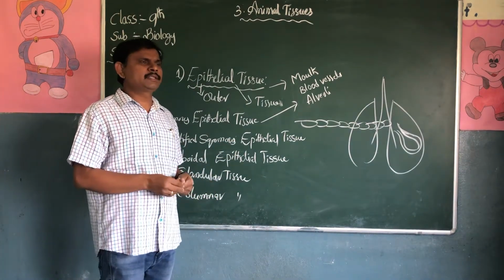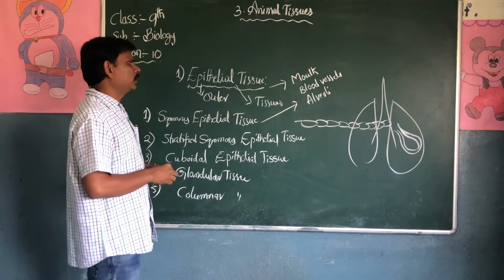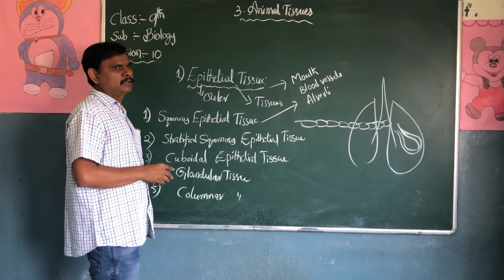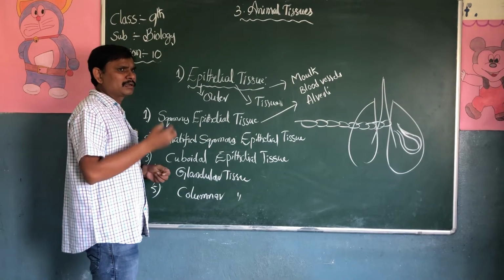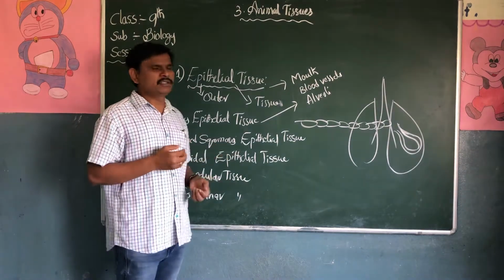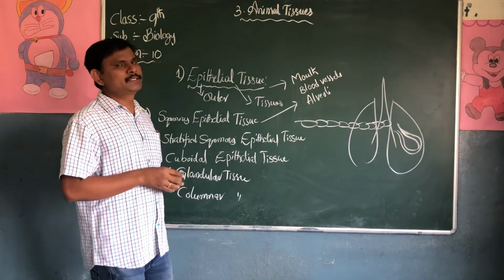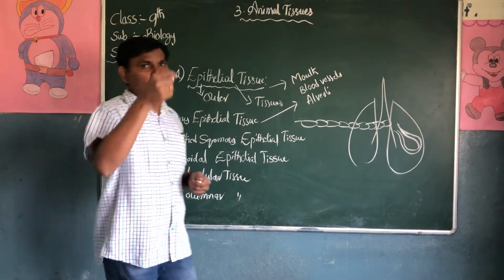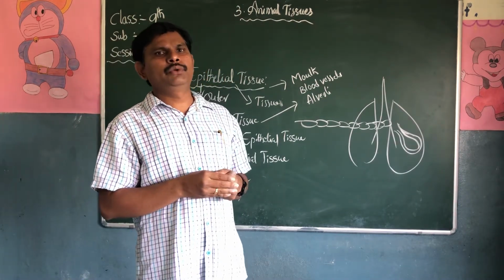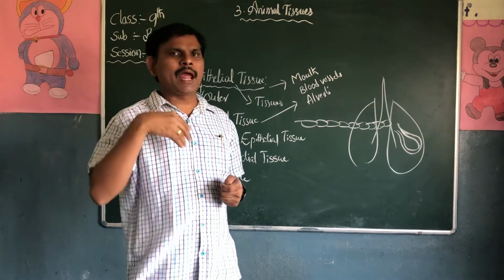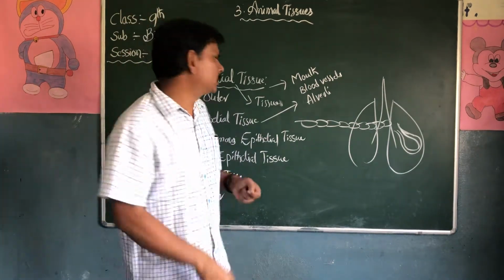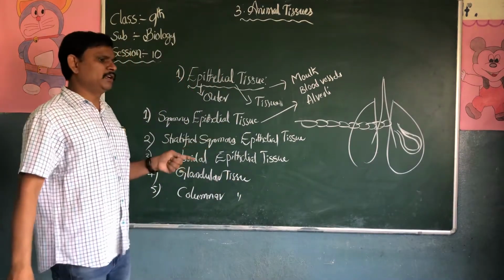This lining is present in tubules like the ureters, and in the salivary glands also. Which tubules? The ureters, in the urinary tract. Urine moves from the kidney into the bladder through the ureters. In these tubes, there is cuboidal epithelial tissue.